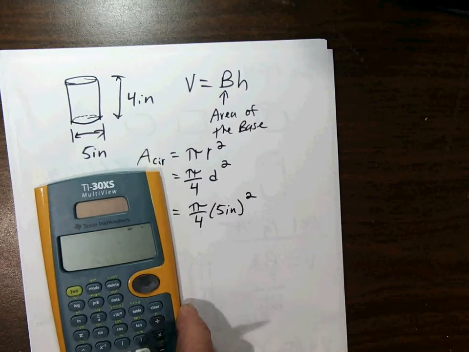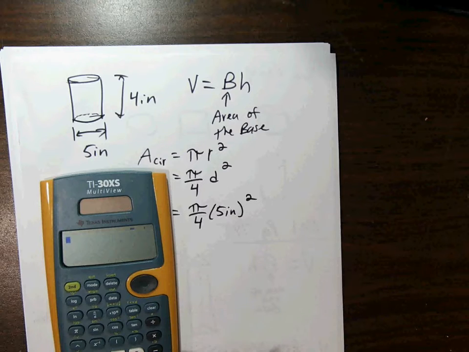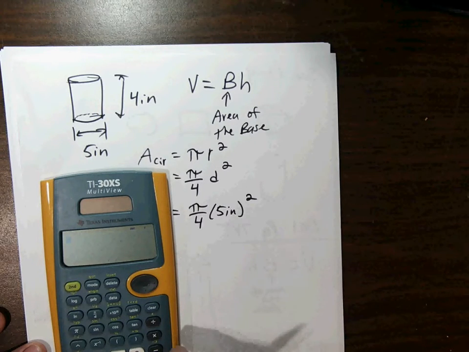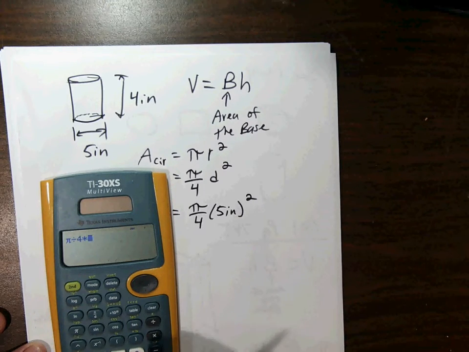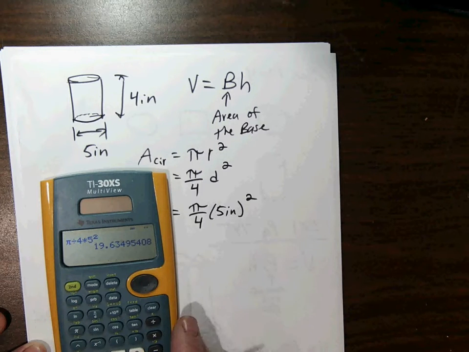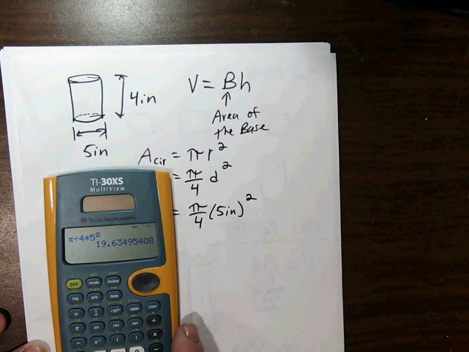Pull over the old calculator here. I could plug it all in if I'm careful, right? Let me do that. So pi divided by 4 times, is this one? Let me make sure this calculator is going to cooperate with me. I think last time it didn't. It left it as pi. No, this time it's good. Okay, so I typed it in properly. Pi divided by 4 times diameter squared.